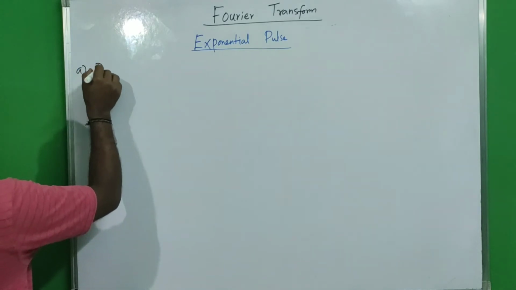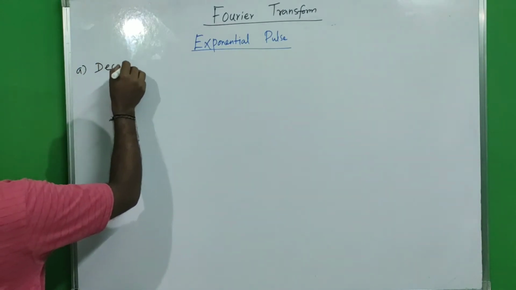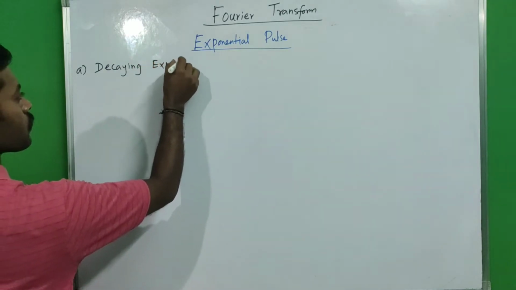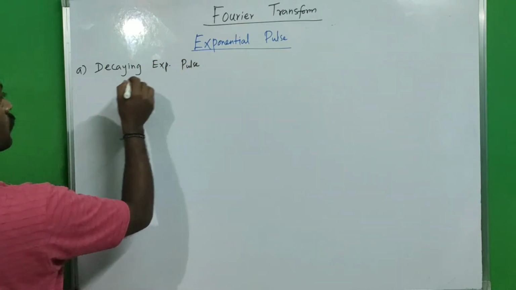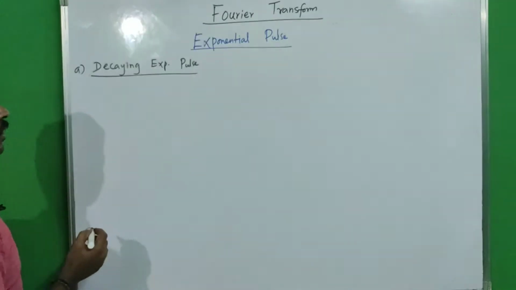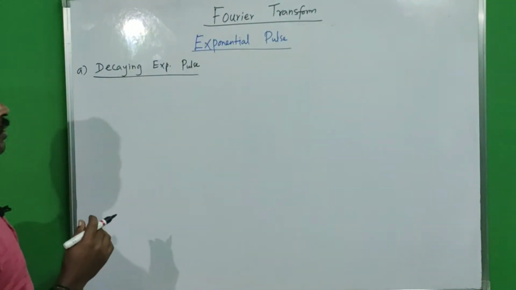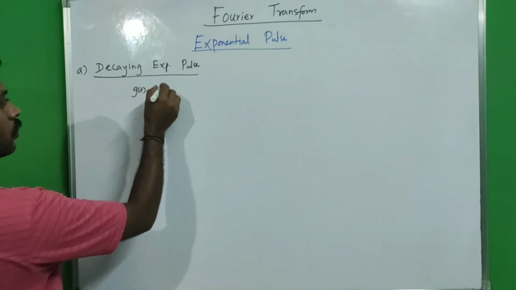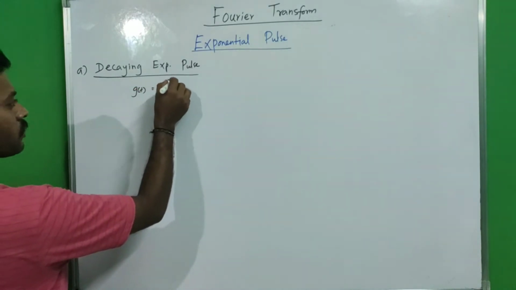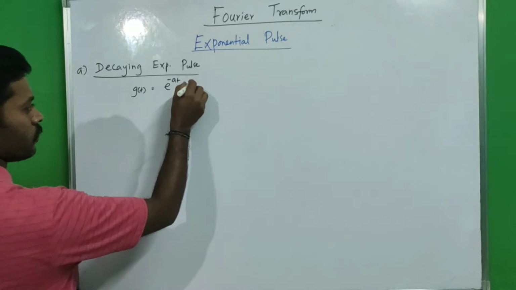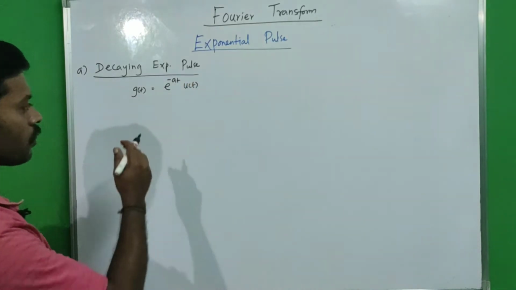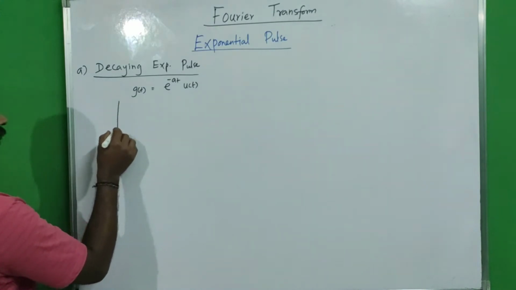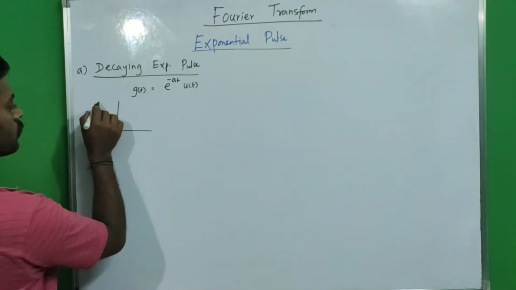A decaying exponential pulse. The mathematical representation for the decaying exponential pulse is g of t equal to e power of minus at times u of t. First we will draw the waveform.